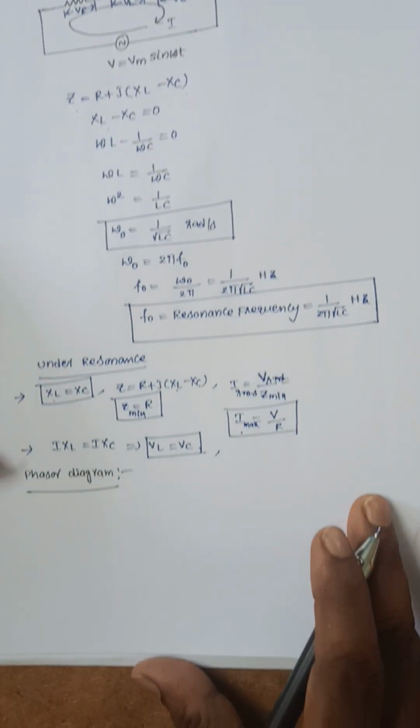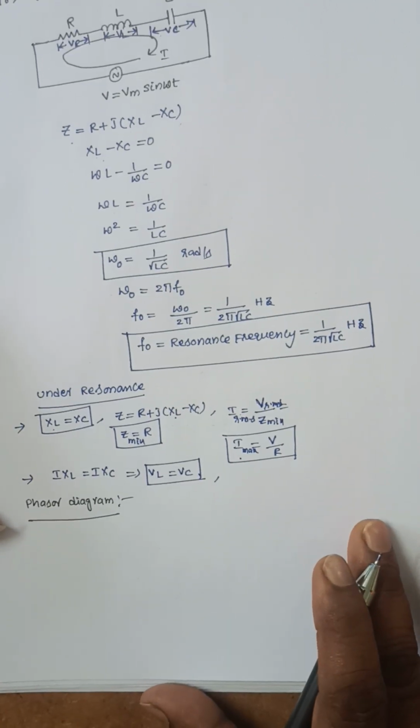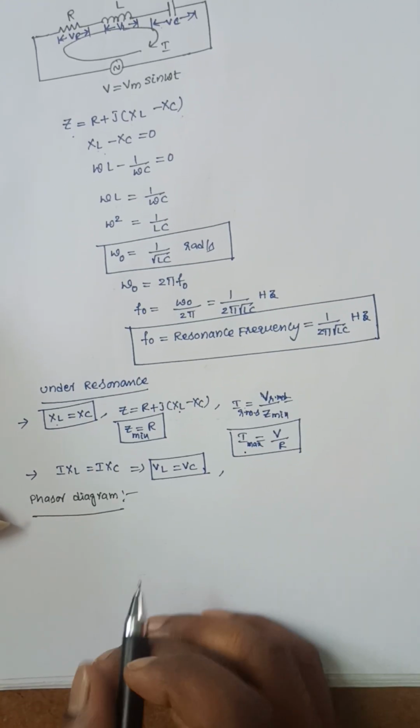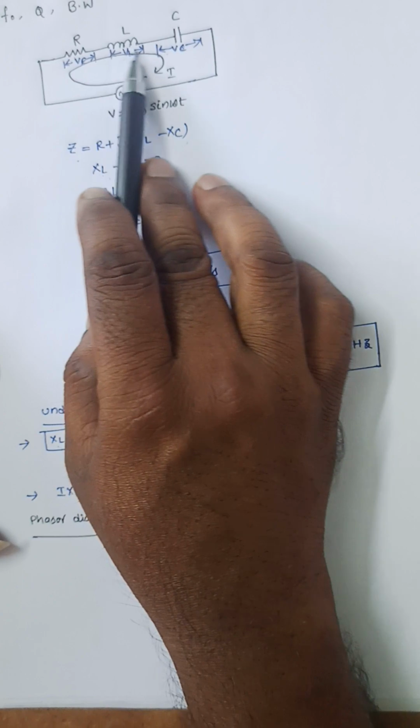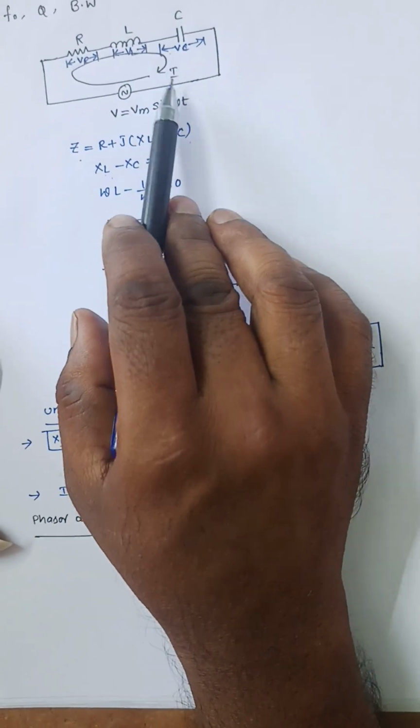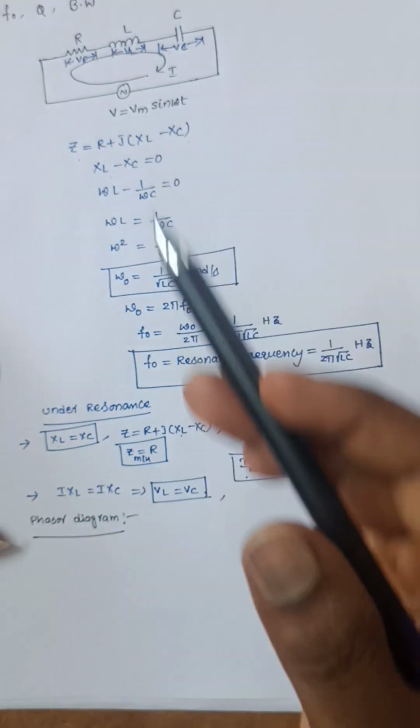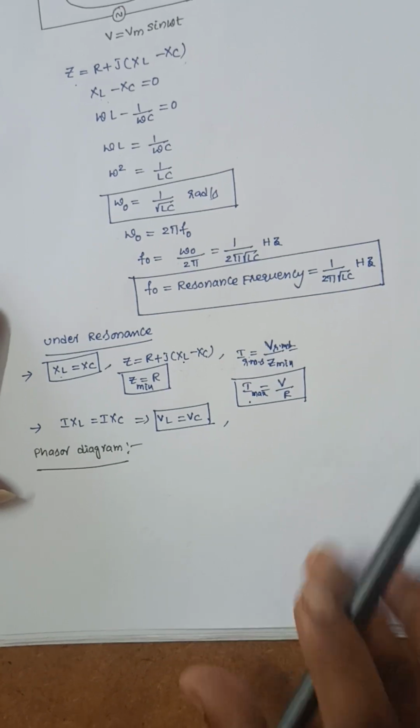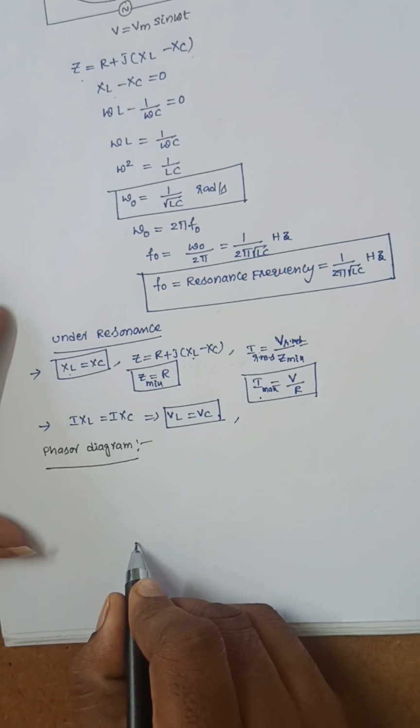Here the current is common in all the elements, so I am taking this current as the reference. The first vector I am going to draw is I, taken as the reference.